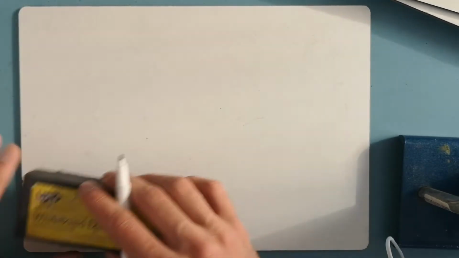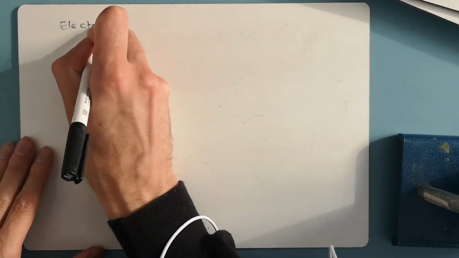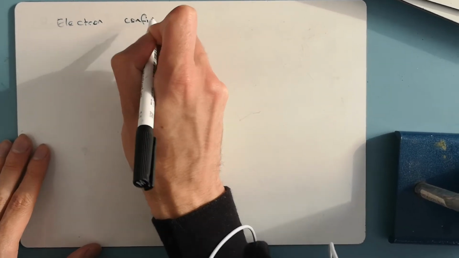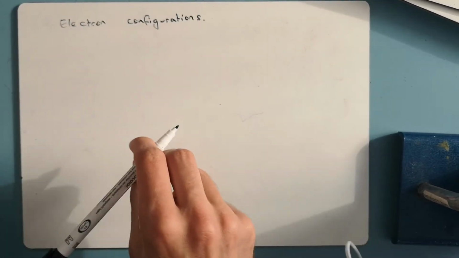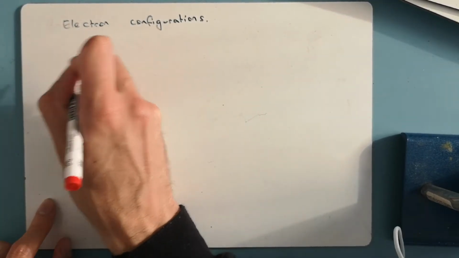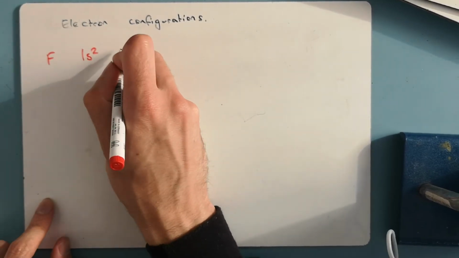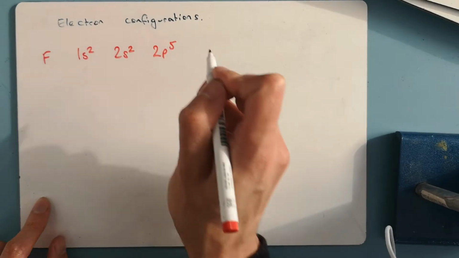Next up, look at electron configurations. So all halogens are in group 7. So fluorine has the electron configuration 1s2, 2s2, 2p5.